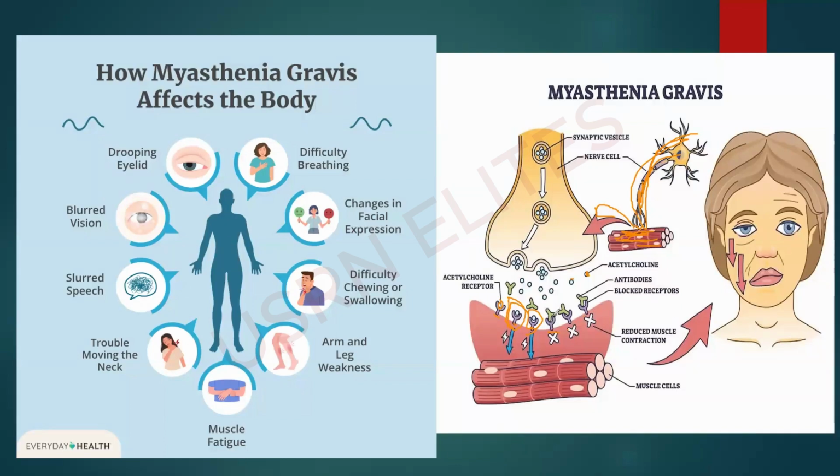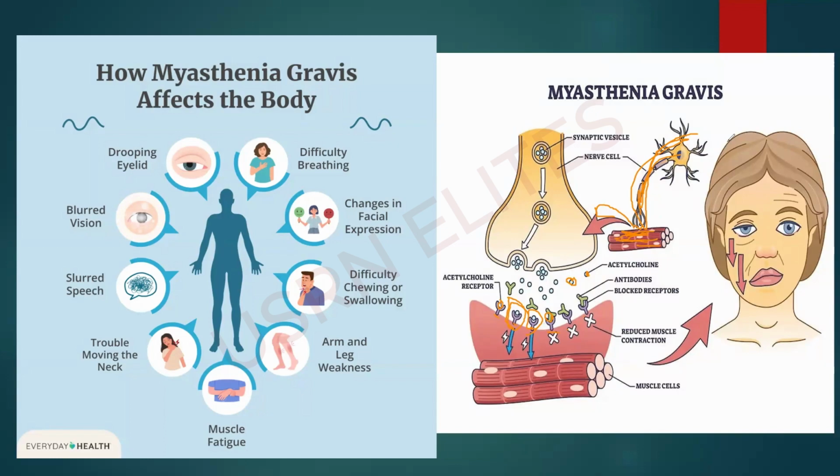So you see how they block the receptors in a way that the acetylcholine cannot go where it has to go. Because if the space is already occupied by antibodies, the acetylcholine cannot come and sit in for a normal coordination. This is just to help you understand what is happening.